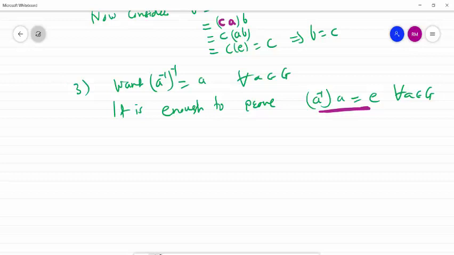Suppose B is the inverse of A, then B is the inverse of A if AB equal to identity. So in the same way we have to show the inverse of A is equal to B, meaning B into A equal to identity. It is enough to prove that B into A equal to identity.